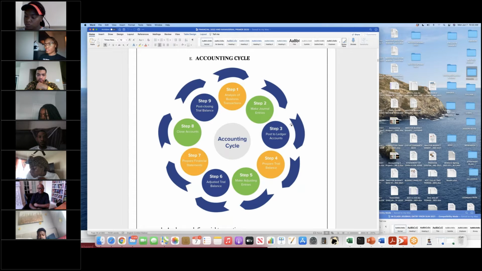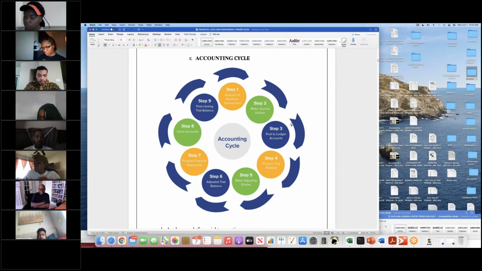What's the purpose of step 3? What are we doing in step 3? In step 3, we're taking the entries from our journal entry and posting them in order according to our chart of accounts sheet. And we're making sure that the numbers for the debit and credit are equal, getting the total amounts.